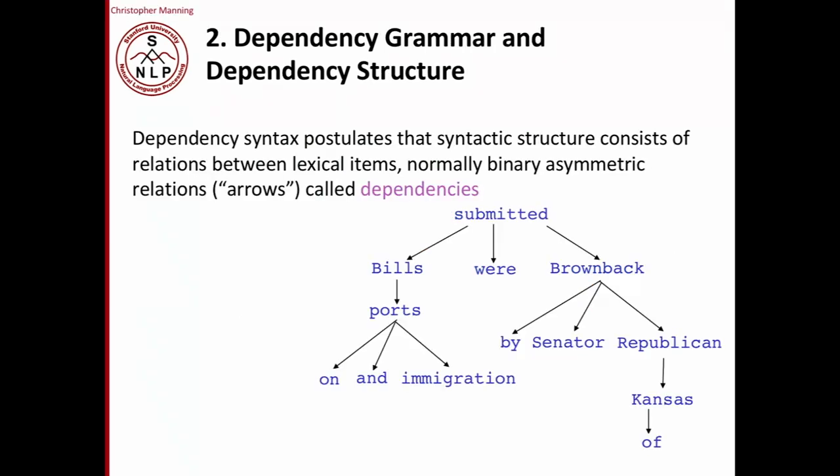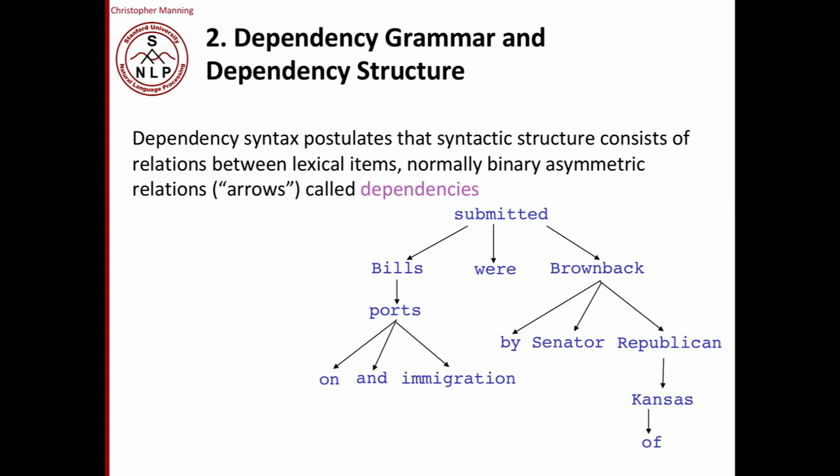And so the tool we want to do it with is these dependency grammars. I've shown you some dependency grammars. I just want to motivate dependency grammar a bit more formally and fully, right? So dependency grammar postulates that a syntactic structure is that you have relations between lexical items that are binary asymmetric relations, which we draw as arrows because they're binary and asymmetric, and we call dependencies. There are two common ways of writing them, and I've shown both now.